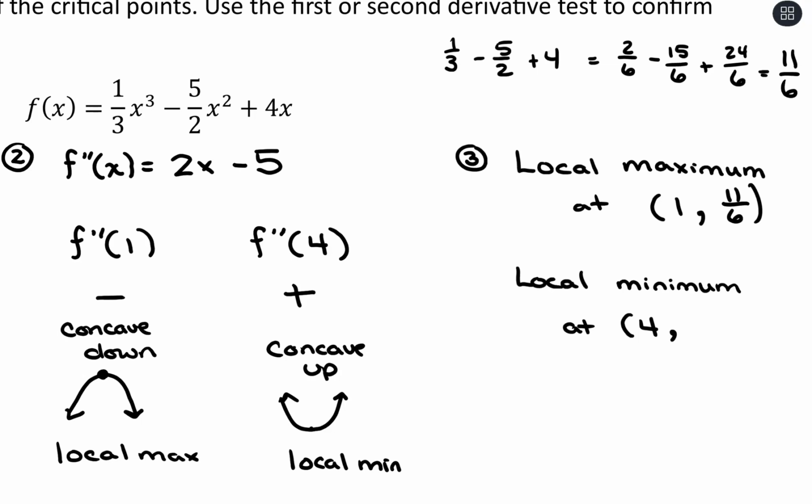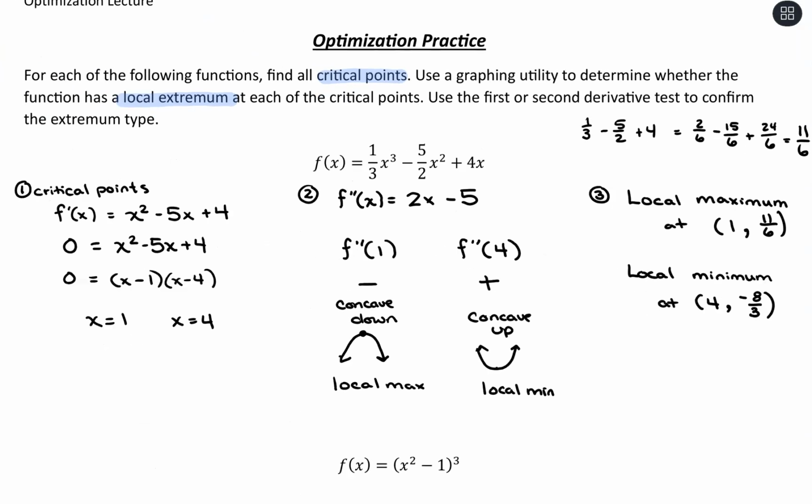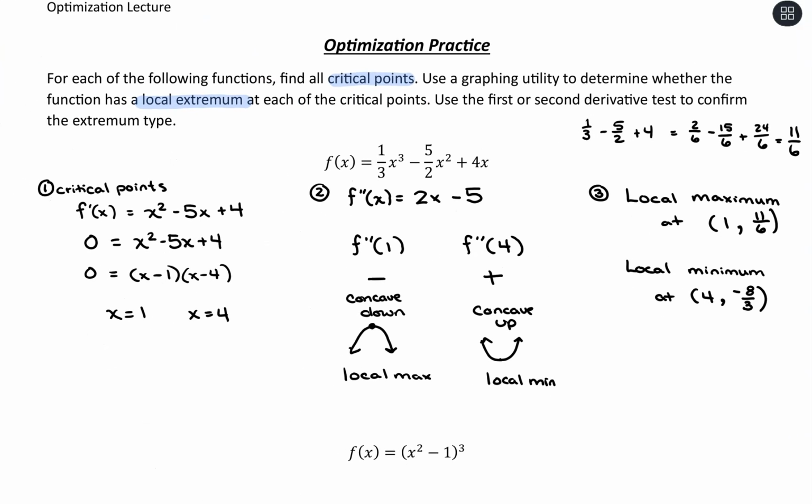If we plug in 4, I'm just going to throw all this into the calculator: 1/3 times 4 cubed minus 5 halves times 4 squared plus 4 times 4 gives a negative 8/3. Okay, so this was using the second derivative: finding those critical points, then evaluating concavity, or the second derivative, at each of those values, and that'll tell you whether it's making a maximum or minimum.